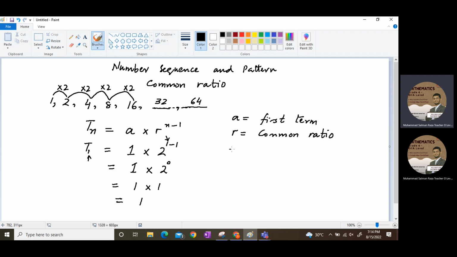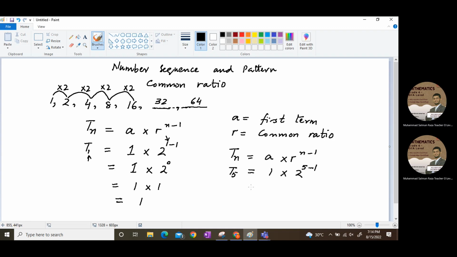Let us find the fifth term using the same formula for common ratio. I write T of 5, where the first term is 1, the common ratio is 2, and this time 5 minus 1.